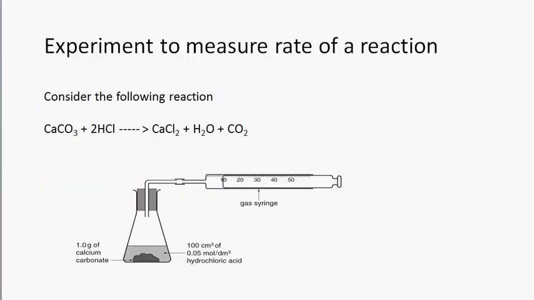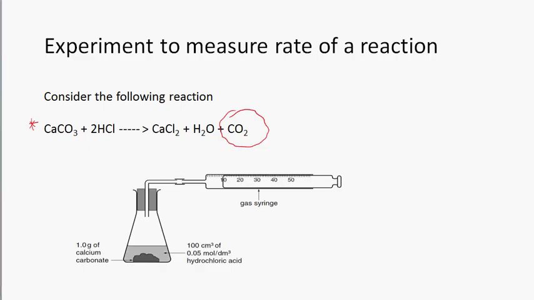Now you have to be able to describe a simple experiment to measure the rate of reaction. In this case we have calcium carbonate plus hydrochloric acid producing calcium chloride, water, and carbon dioxide. We can measure the rate of this reaction by measuring the volume of carbon dioxide being produced over a period of time.